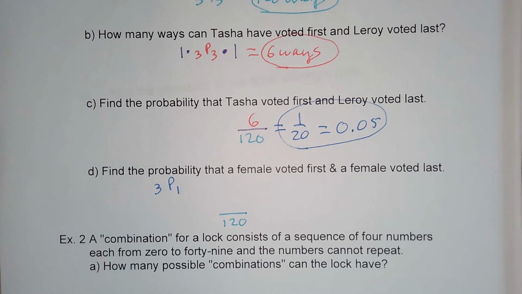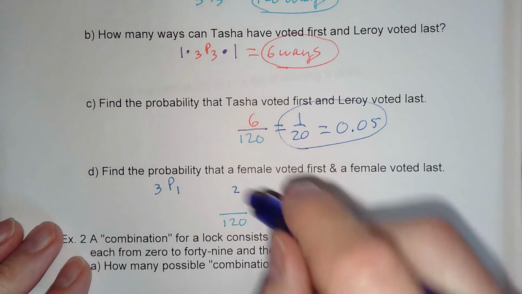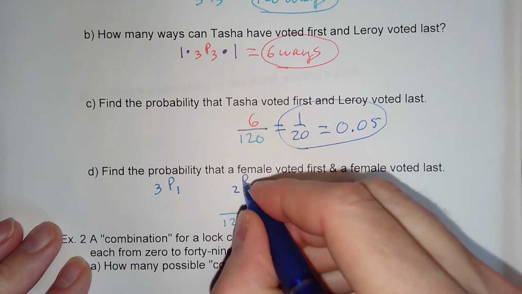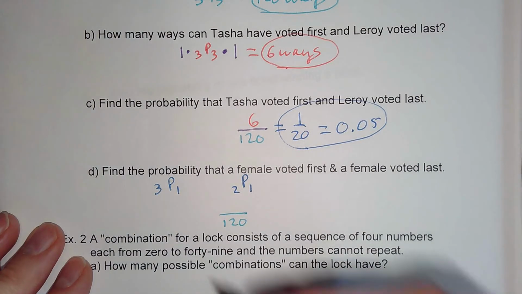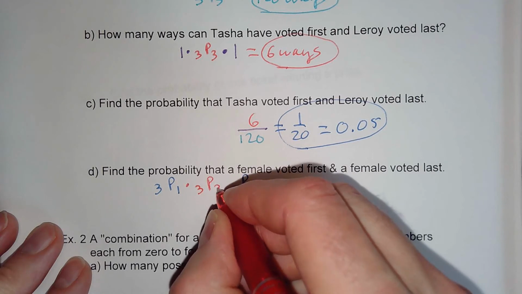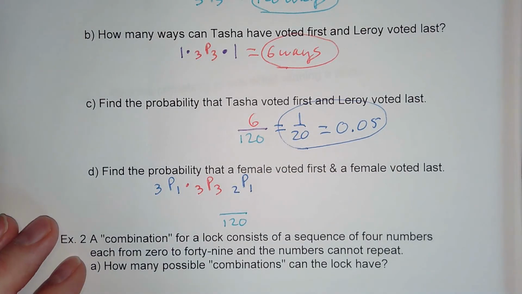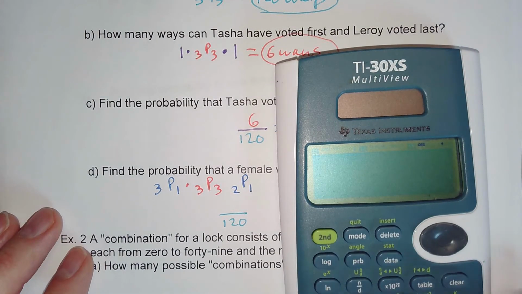Now, if you have 3 and you choose one for the first slot, that only leaves 2 females for the last slot, and we're picking one. Now, those middle 3 people we can pick in any order, so it'd be 3P3. We're just going to multiply those together and see what we get.